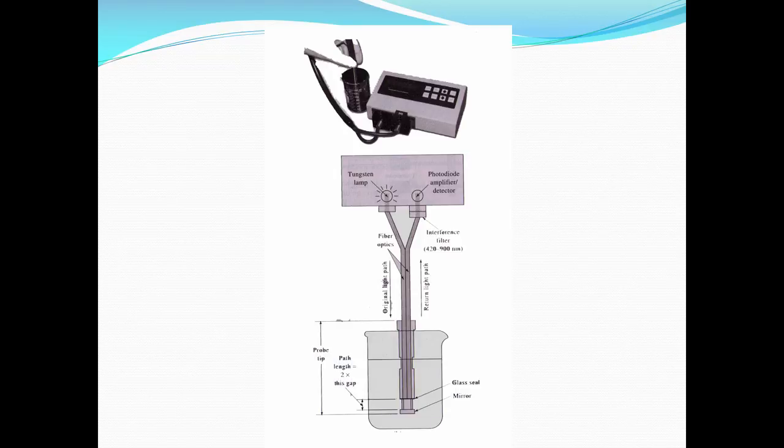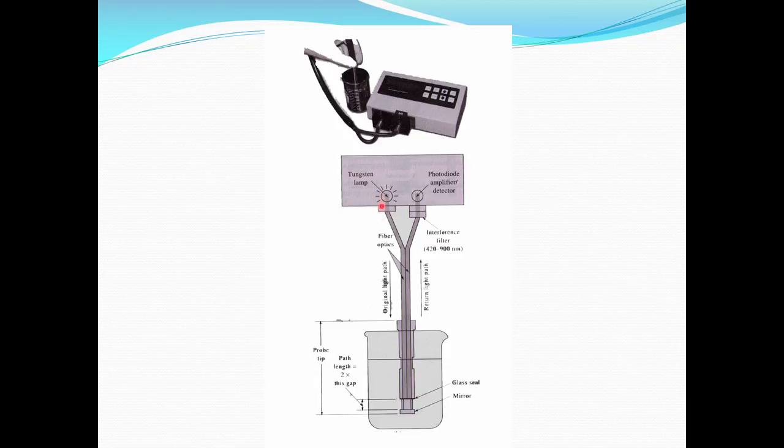Now, how does a photometric titration apparatus look? This is the picture of a photometric titration apparatus. On the top I have shown a spectrophotometer and attachment, a tungsten lamp here and a photodiode detector here.